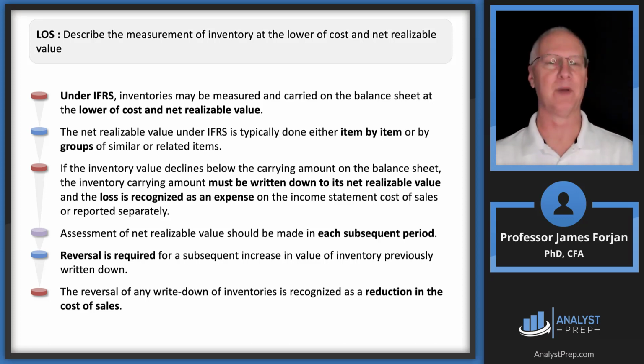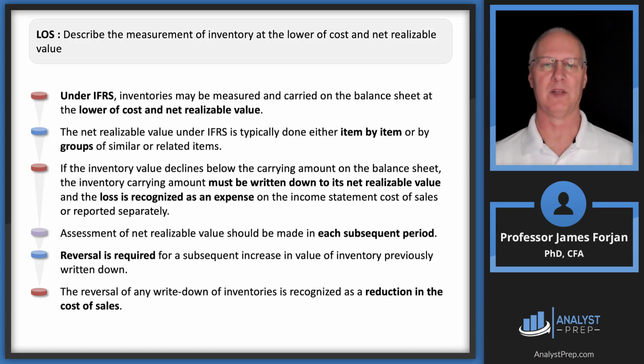Remember all that stuff that we talked about in our economics readings. Well, what happens then is that the two groups say something like, look, we understand that you think that your inventory is valued at this amount. However, suppose that because of some of these reasons you won't be able to sell it for what it's worth, or maybe you won't be able to sell it for what you thought you could sell it.